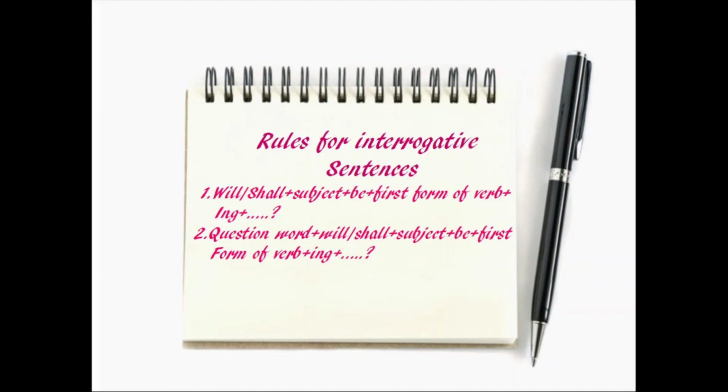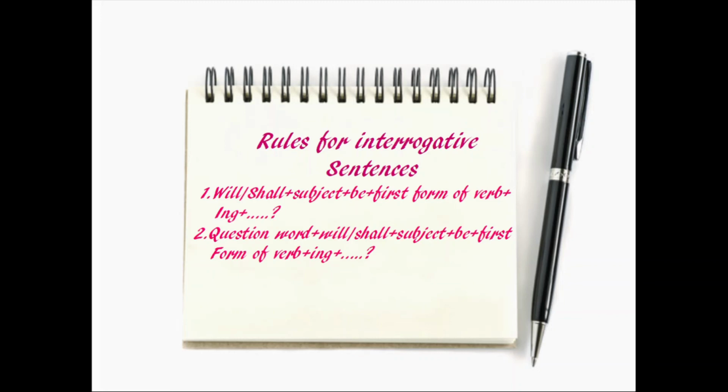Wandering means roaming. Okay, guys. So this boy is the subject. Will this boy be wander, the first form of verb, or roam, for your convenience anything you want. When we add ing to it, wandering in the forest and the question mark.